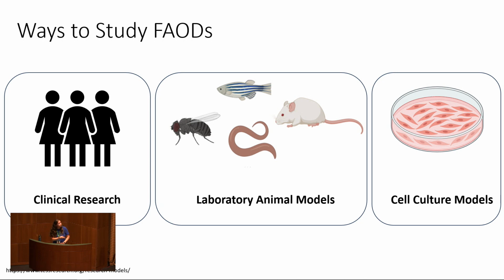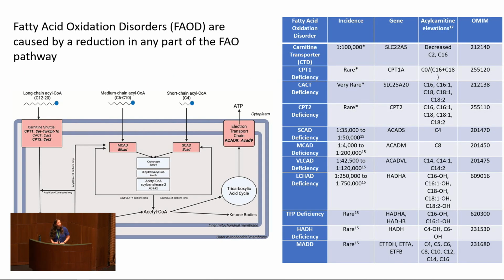I want to say a couple more things. All of these fatty acid oxidation disorders are rare. They're also monogenic disorders, so they are caused by pathogenic variants in a specific gene. They are also autosomal recessive inherited, meaning that you have to have 2 copies of these genes.